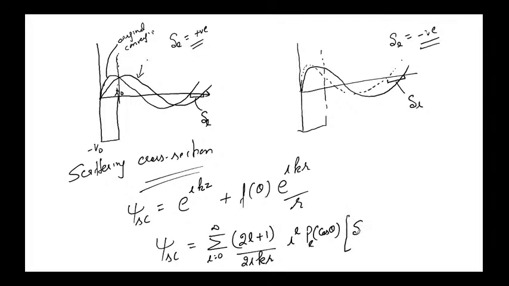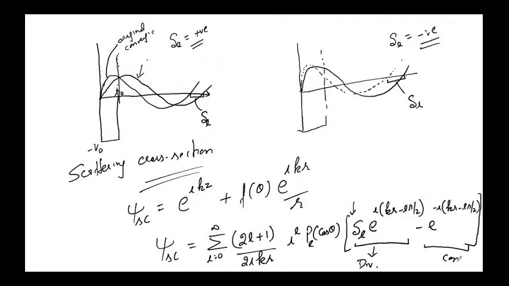The Bessel function now becomes SL exponential of i(kr minus L pi by 2) minus exponential of minus i(kr minus L pi by 2). So this is the scattered wave function. Here the diverging wave is being multiplied by the scattering interaction factor SL. So this is our diverging wave, and this is our converging wave.